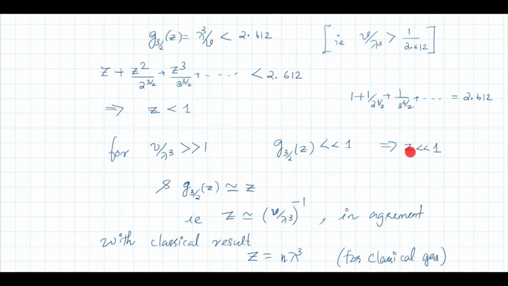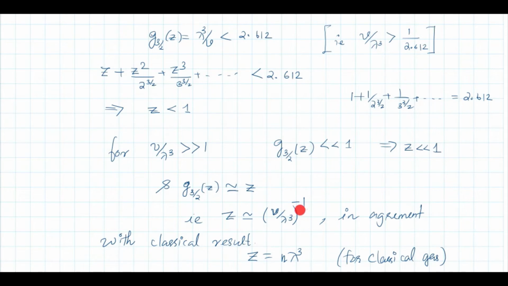And when this quantity Z is very small, you can neglect all the higher order terms and write G 3 by 2 Z approximately as Z. You can retain only the first term. Therefore, you can write Z approximately as G 3 by 2 Z, and that is nothing but V by lambda cube raised to minus 1. Actually, G 3 by 2 Z is lambda cube by V. So you can write it as V by lambda cube raised to minus 1.